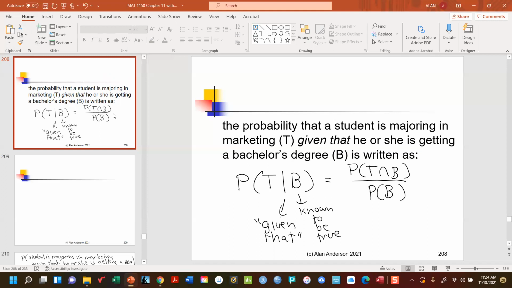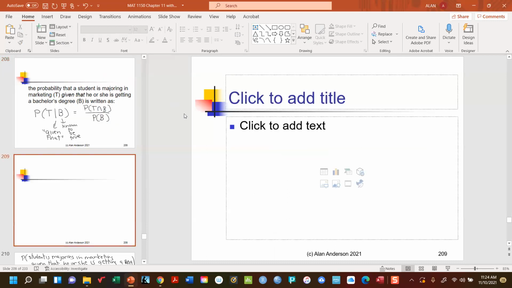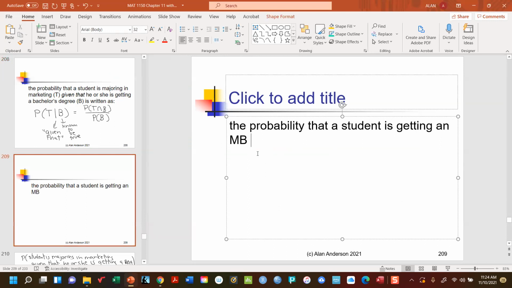All right, so let's think of another one. Suppose that we have this: the probability that a student is getting an MBA, given that he or she is majoring in finance, let's say.